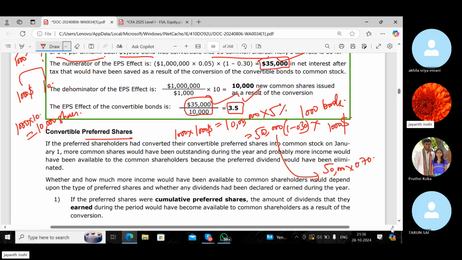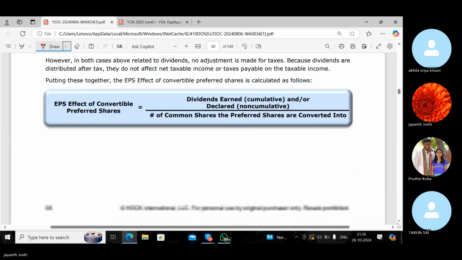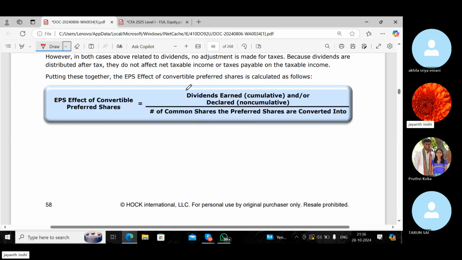Convertible preference shares. So EPS effect. Now the preference shares would be converted into equity, and the preference shareholders will not be getting the dividends they are supposed to get, whether cumulative or non-cumulative. Cumulative are always presumed to be earned, and non-cumulative are only given when declared. Now this would be given to the equity shareholders.